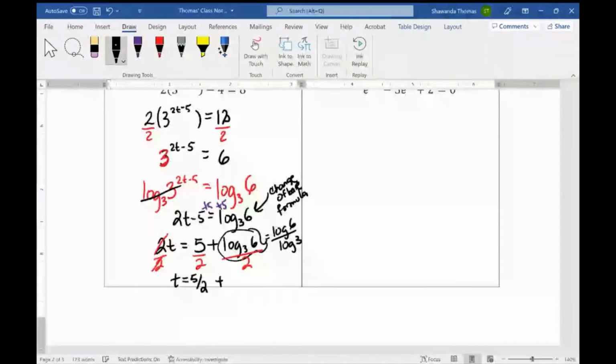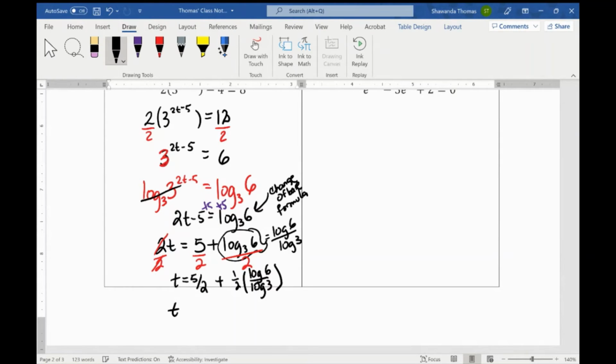And then we have log base 3 of 6 over 2, which is the same thing as 1/2 times, I'm going to write it fully out like this, log of 6 divided by log of 3.